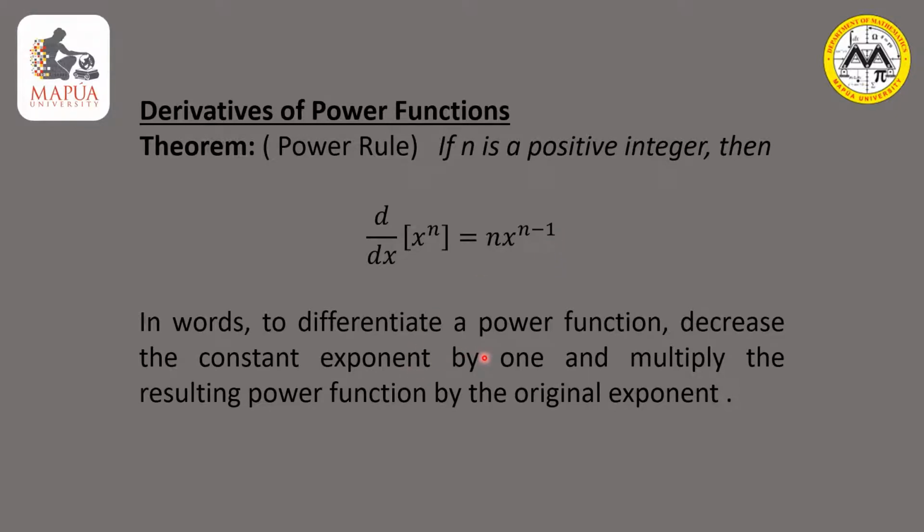In words, to differentiate a power, we decrease the exponent by 1 and then multiply the resulting power function by the original exponent n. Though this rule states that n is a positive integer, this can be applied to any n, a real number.